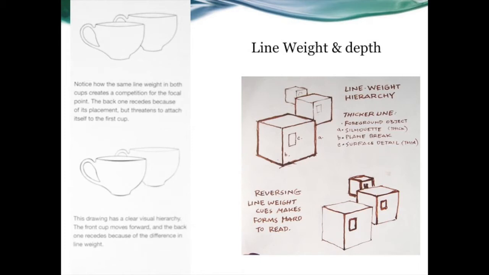But when you look at the cups where the front of this cup has a thicker line, it obviously comes forward, and the back of the cup with the light line goes backwards. I feel like these are important things to think about, because even as you do your quick rough draft, if you make the lines sharper and thicker, they're going to come forward in your drawing. And we're going to talk about doing that in paint as well.